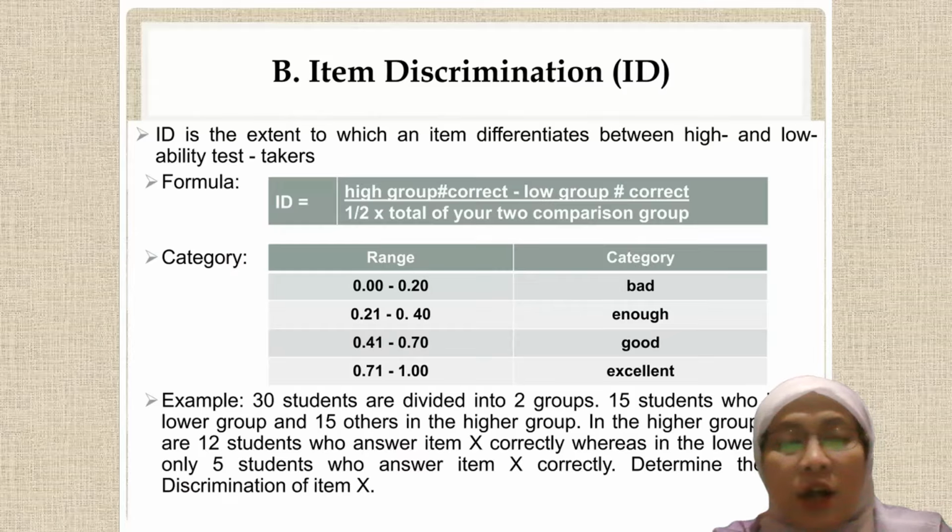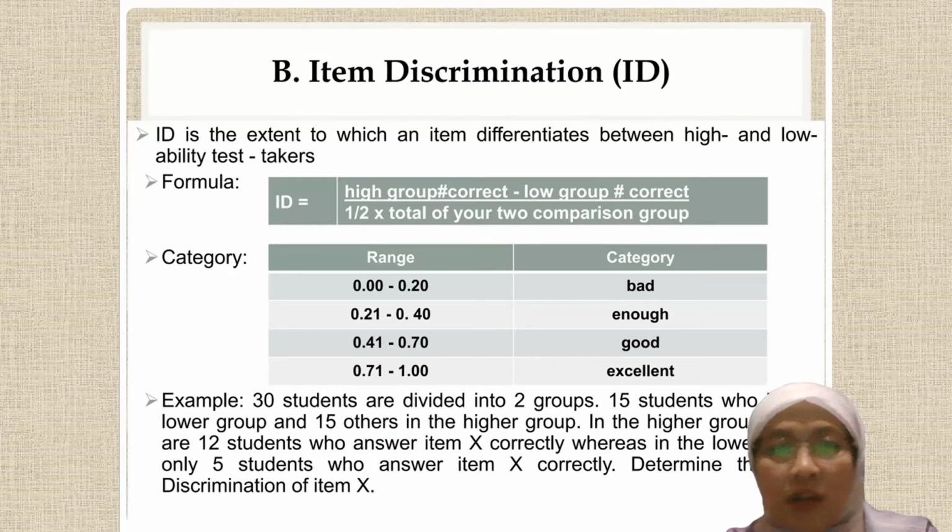Okay, so how about this one? 30 students are divided into 2 groups. 15 students are the lower group, lower ability test takers, and the 15 others are high ability test takers. In the higher group, there are 12 students who answer item X correctly. In the lower, only 5 students answer the item correctly. 12 minus 5.